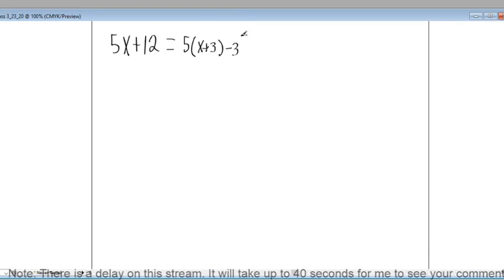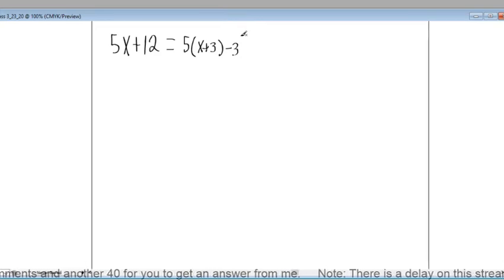Okay, so this looks like just a normal equation. It doesn't look any different from what we've been working with so far. We've got x on both sides, we've got expressions, nothing strange going on so far. However, again, we will see that something interesting is going to happen here. So let's see what happens when we start to solve this.